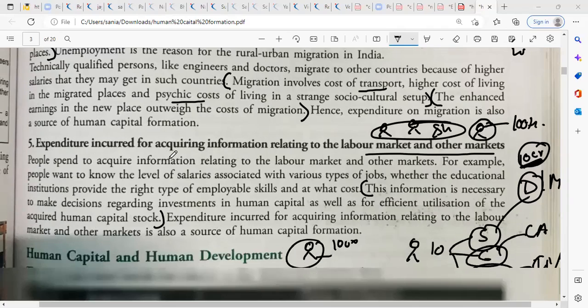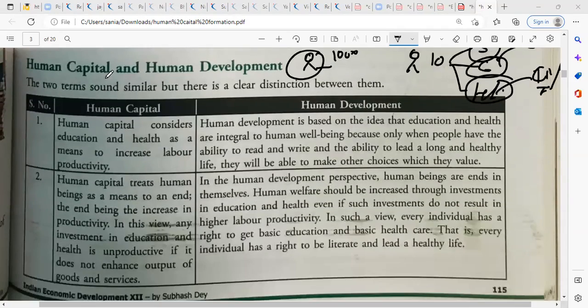Okay. Now this. What is the difference between human capital and human development? Human capital considers education and health as the means of increasing labor productivity. But human development is based on the idea that education and health are integral to human well-being, because only when people have the ability to read and write and to lead a long and healthy life will they be able to make other choices which they value.